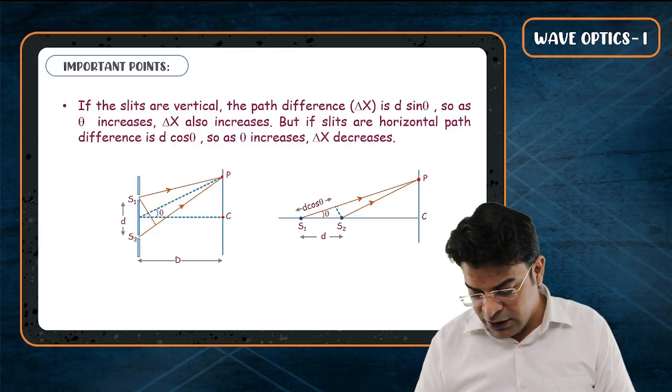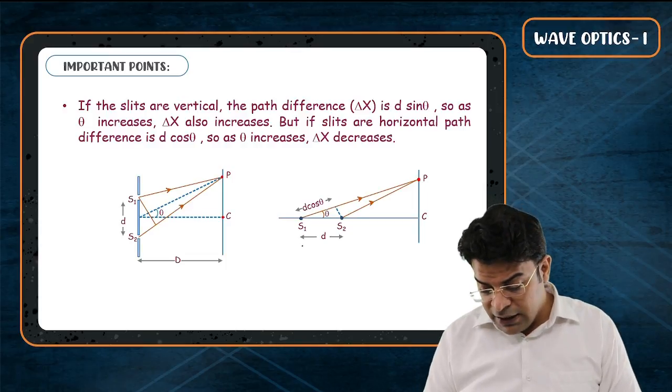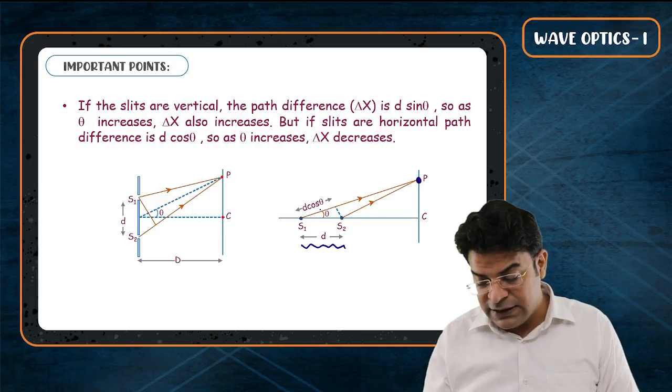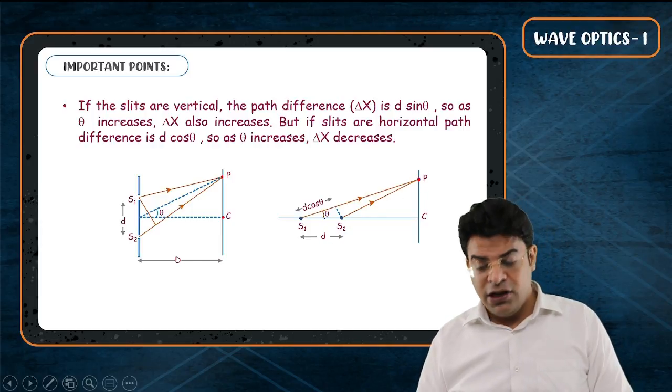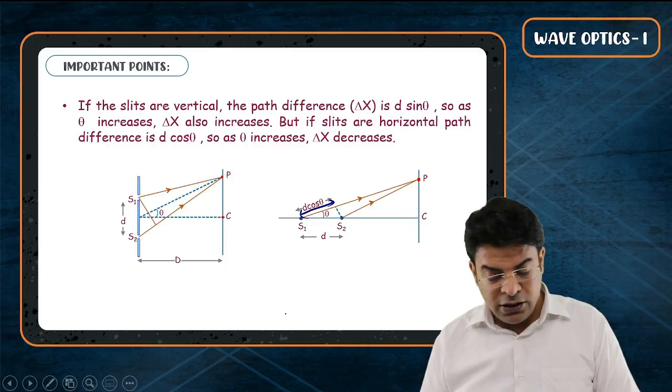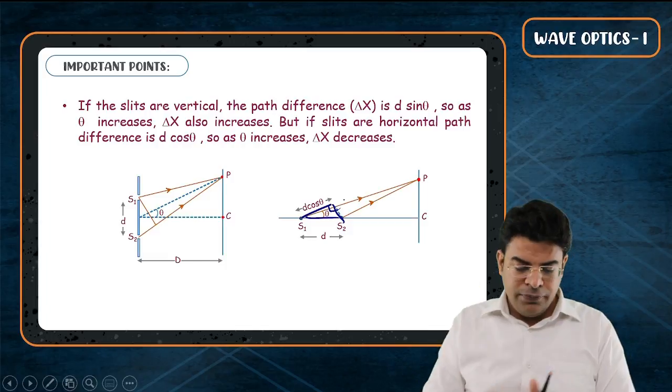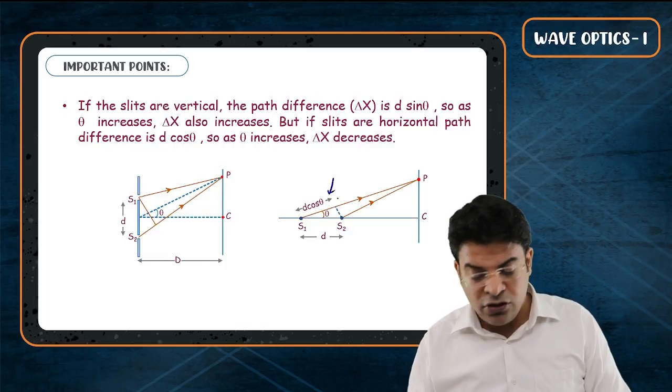You will say, sir, drop a perpendicular. This distance is the path difference. If the distance between the sources is d and the angle at point P is theta, then looking at this right angle triangle, the path difference is d cos theta.